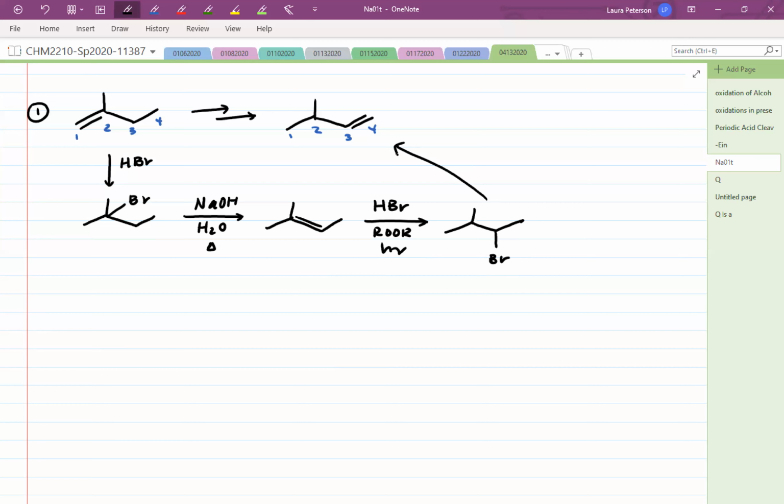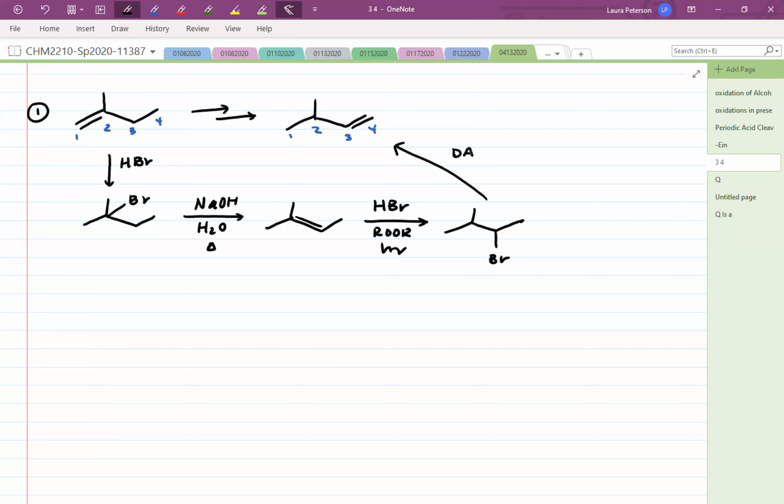Now it actually matters what type of base we use, because we have the potential to form the alkene on either the Zaitsev or the Hofmann position. The product that we're trying to arrive at is clearly the Hofmann product. So here I need to use either LDA or tert-butoxide to arrive at that Hofmann product.